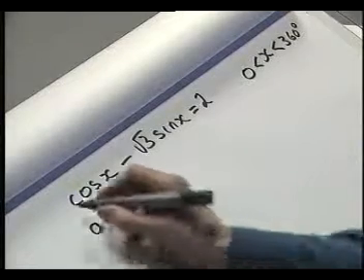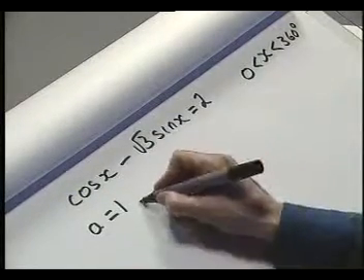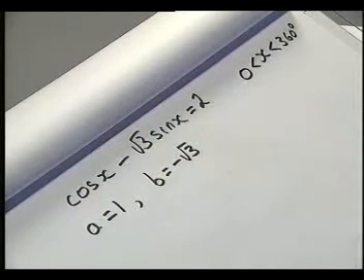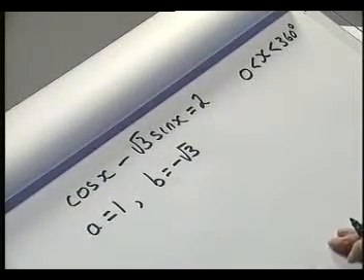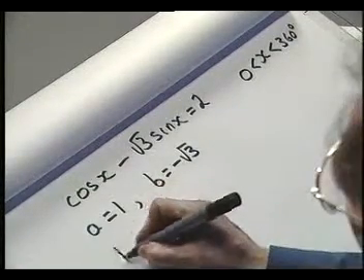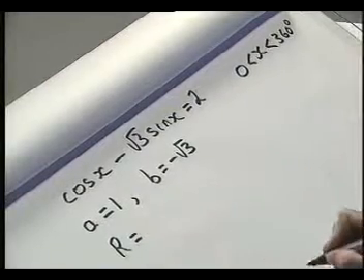So let's see what this means. A must be equal to 1 because we've got 1 cos x, and b must be equal to minus root 3. And this is going to make a difference to what happens. Let's leave it on one side for the moment and go ahead with our calculation.